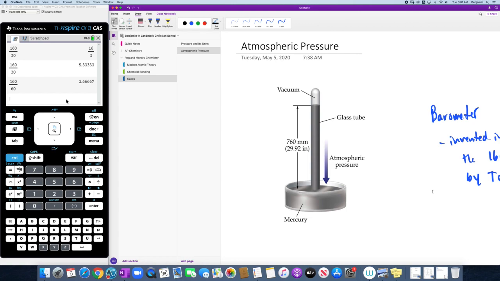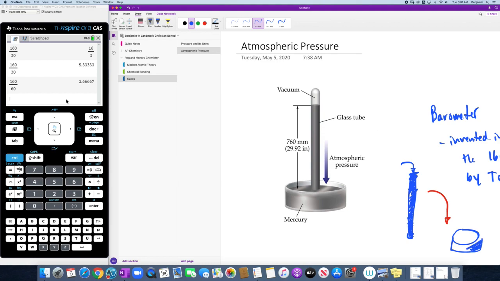So anyways, you have this dense liquid, and Torricelli, I'm not sure what inspired him to do this, but the way you get this set up is you start off with an empty glass tube, and you fill it with mercury all the way to the top, and place your finger over the top, and then you invert the entire thing and place it into a tub that's already filled with mercury.